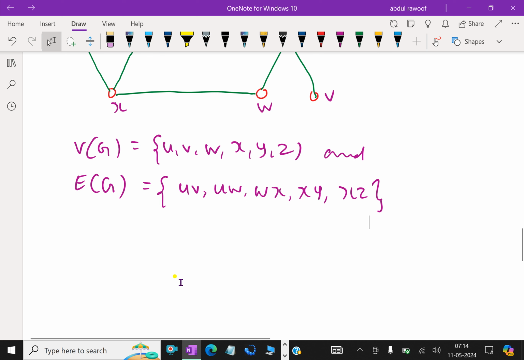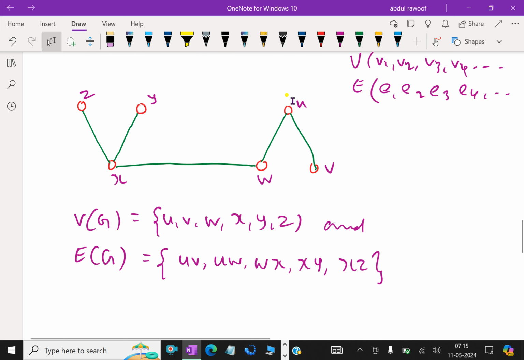Now, every graph has a diagram associated with it. Every graph has its diagram. The vertex V and edge E are incident with each other. If two distinct edges, say E and F, are incident with a common vertex, then they are called adjacent edges.